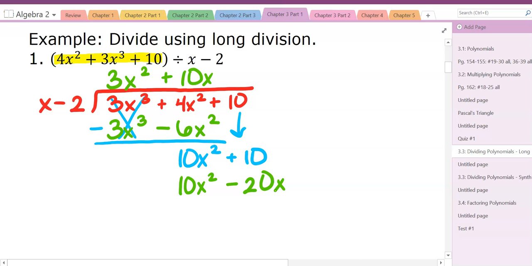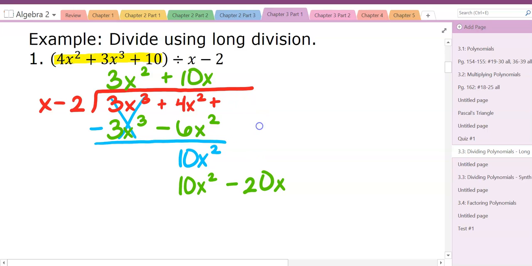So now look at our original polynomial. Do you see how the original one skipped over the x term? It went straight from 4x squared to plus 10. So when I go to subtract here, it might be helpful if instead of writing plus 10 right away, we think about where that x term would be. So I'm going to rewrite this just for a second.